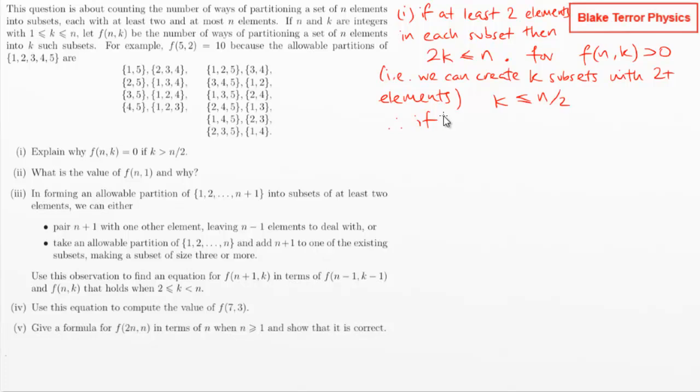Therefore, if k is greater than n over 2, f(n,k) equals 0. Right, okay, part 2.